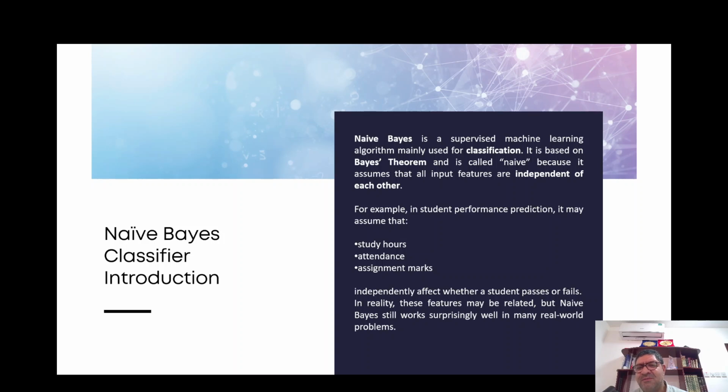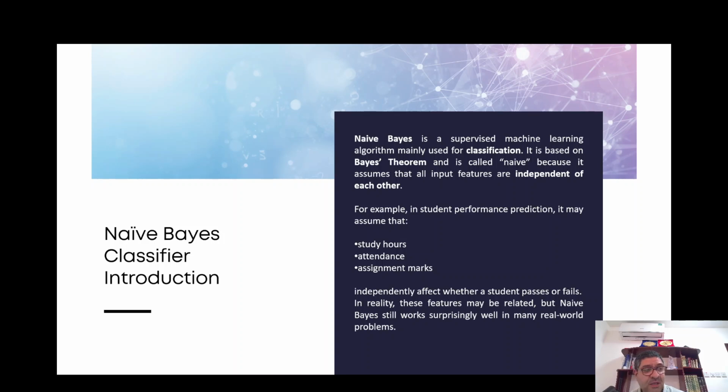But in naive Bayes, it is different. It treats all of these features independently, so each has an independent effect on whether a student passes or fails.